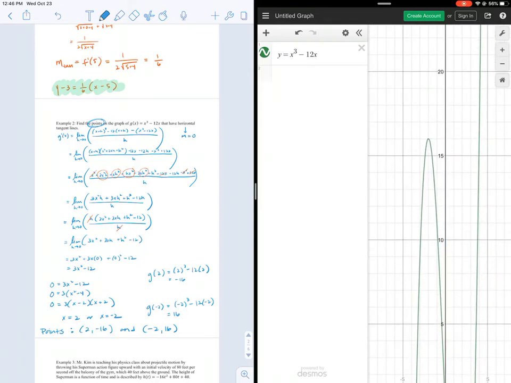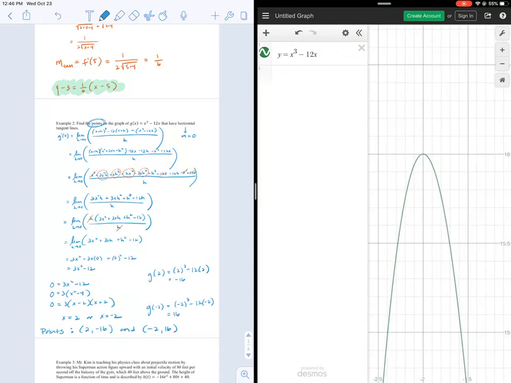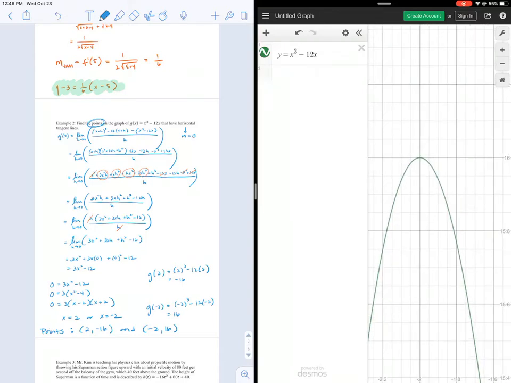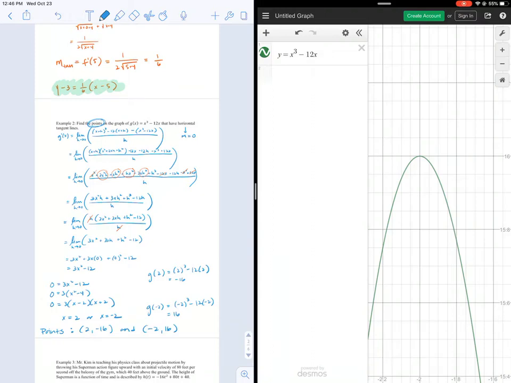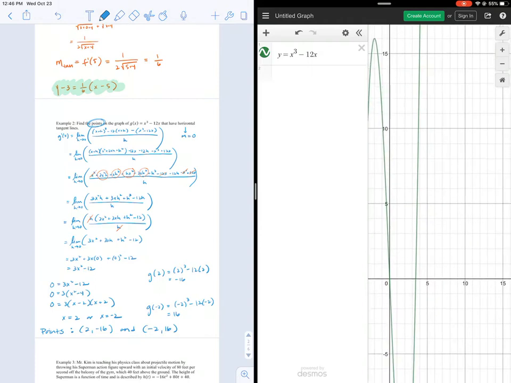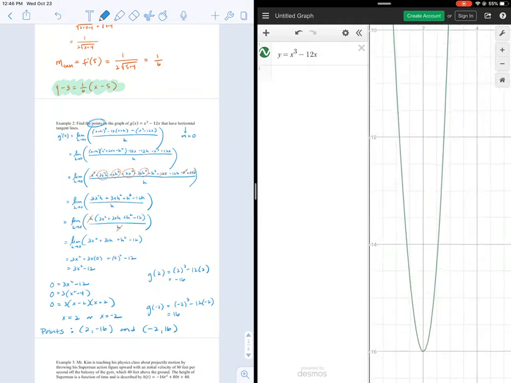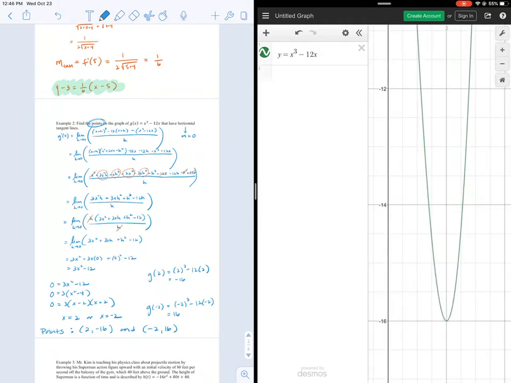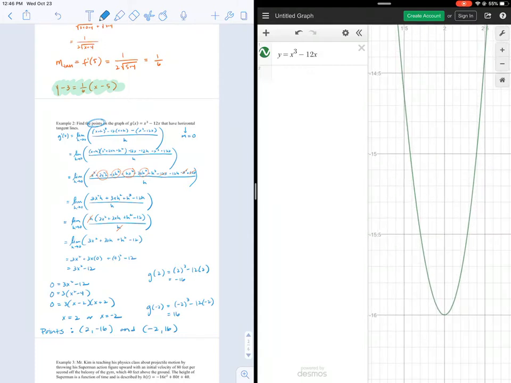Okay, so it looks like here there's going to be a horizontal tangent line, and we can see that's at negative 2, 16, the very top of that hill in the graph. And then down here, if we zoom in, we can see that is 2 comma negative 16. So the bottom of that hill, there would be a horizontal tangent line.